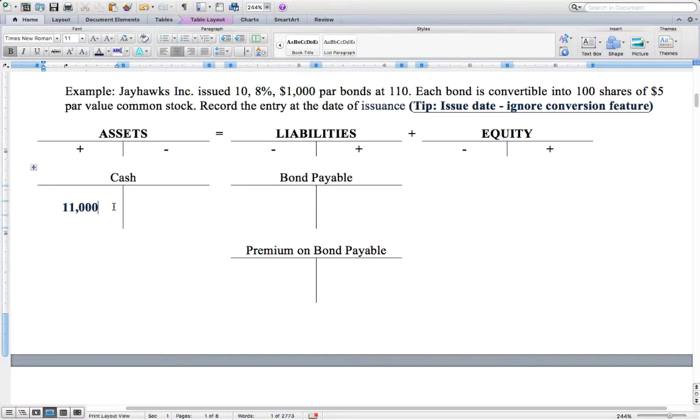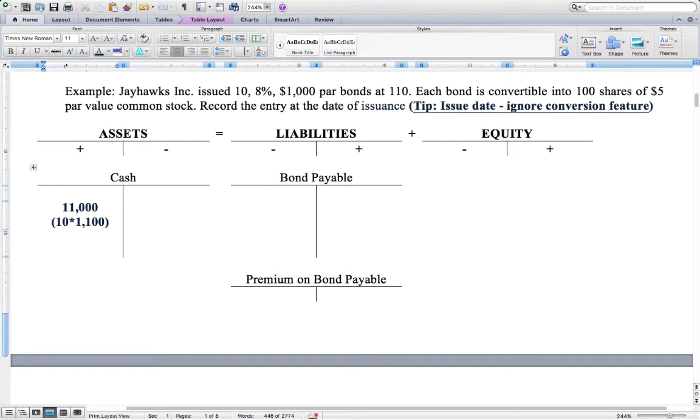So that is the entry made to cash at the date of issuance.